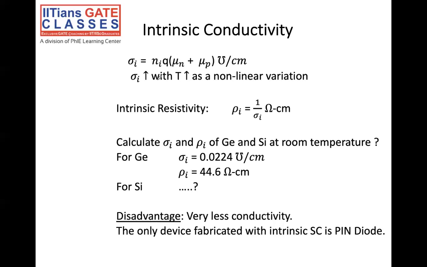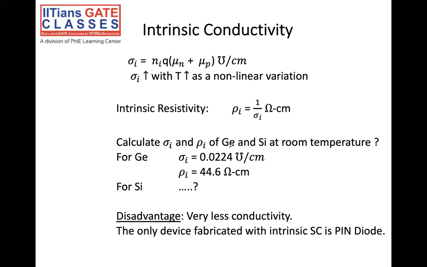So from this, we can easily understand that sigma I, it is non-linear with the temperature. Now, intrinsic resistivity, it is the reciprocal of conductivity, and unit is in ohm centimeter.